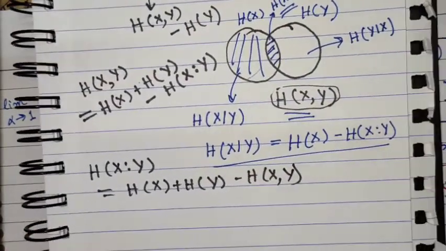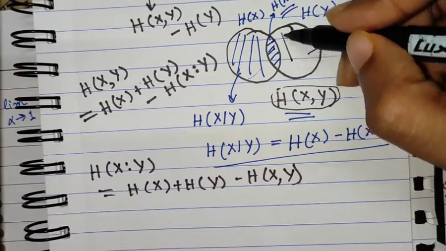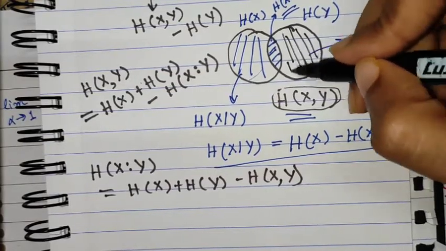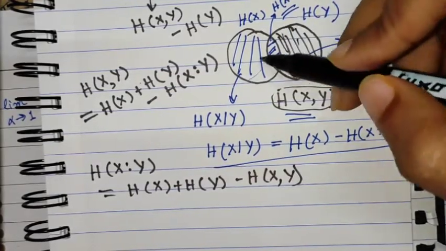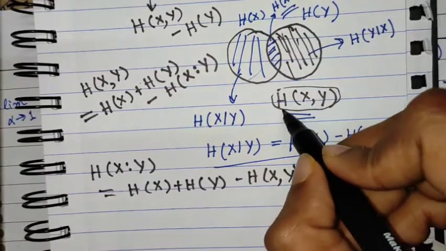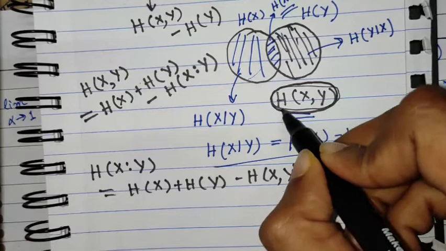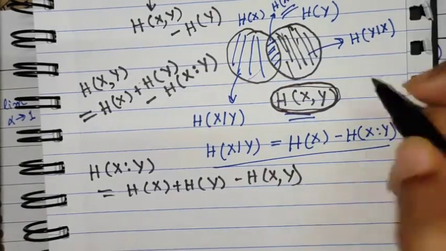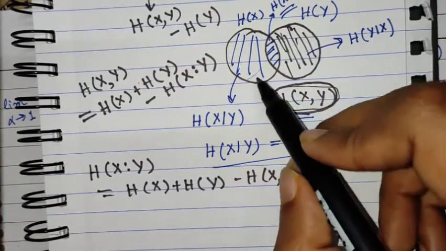So this Venn diagram nicely fits all our descriptions, but we have to remember what each of the circles means and what the total area is. The total area is H of x comma y. It is the joint entropy.